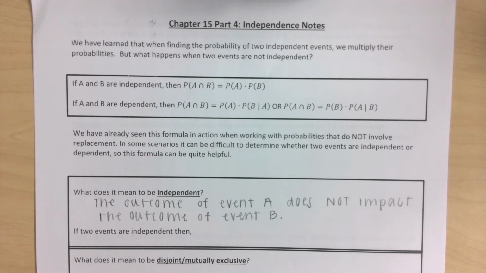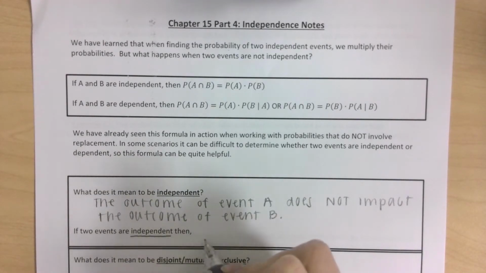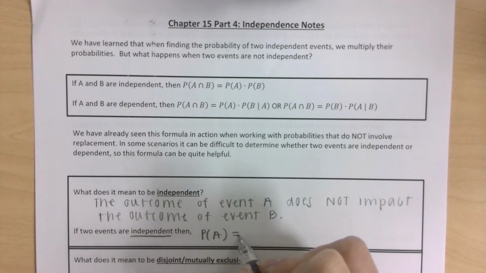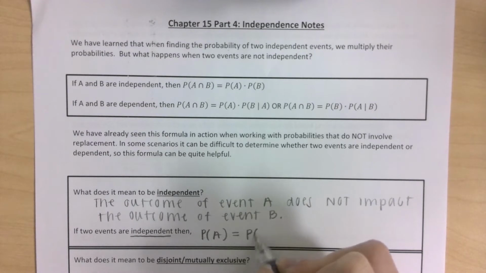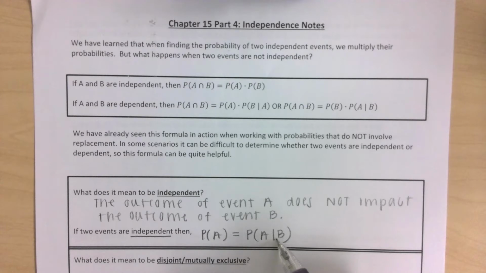If two events are independent, then the following formulas will be true. The probability of A should be equal to the probability of A given B. If A and B do not impact one another, then it shouldn't matter whether B has occurred or not.